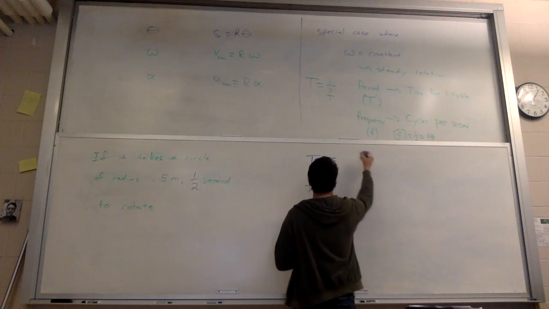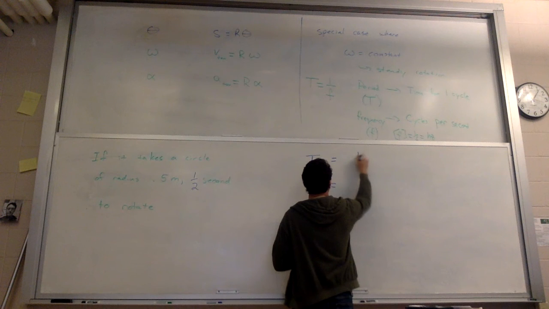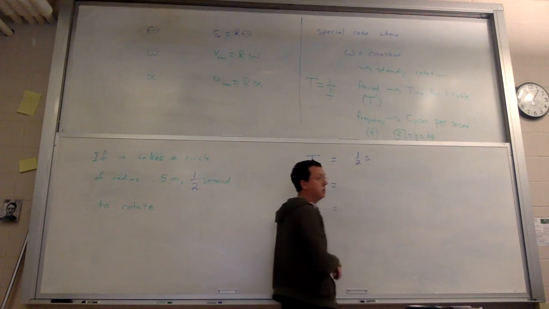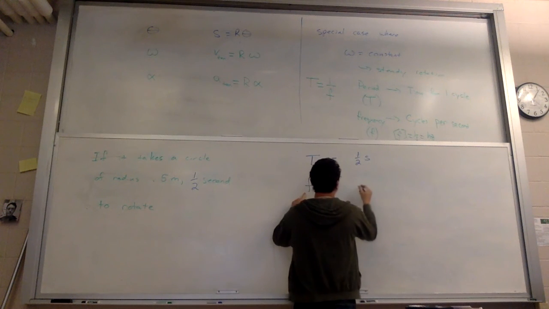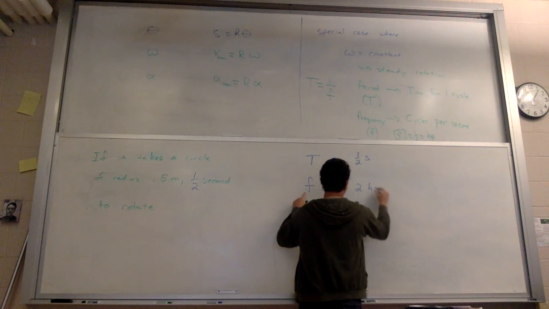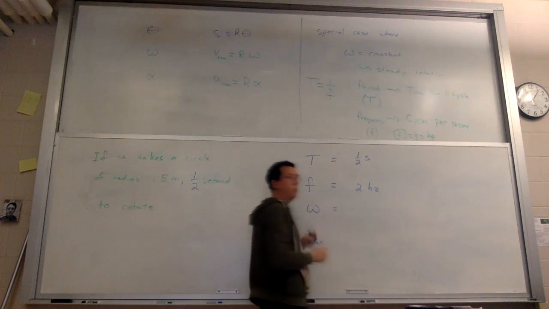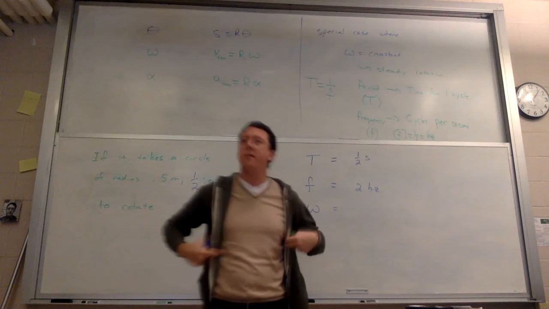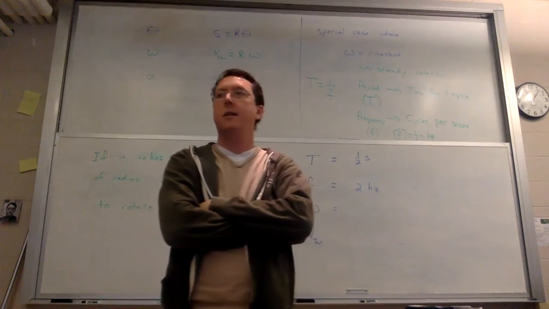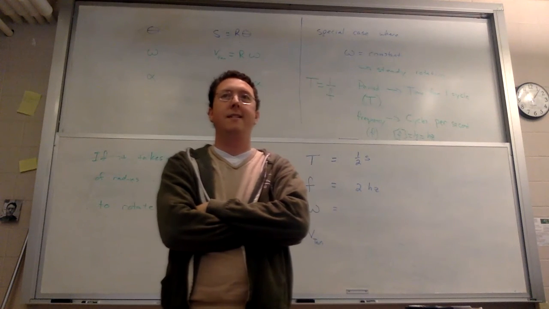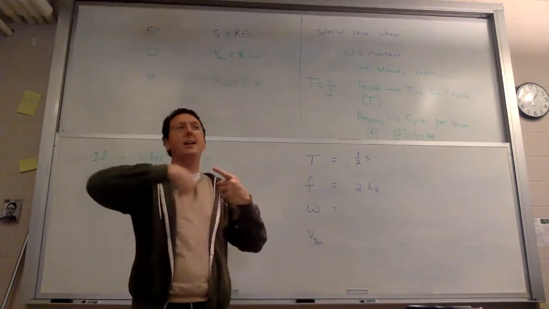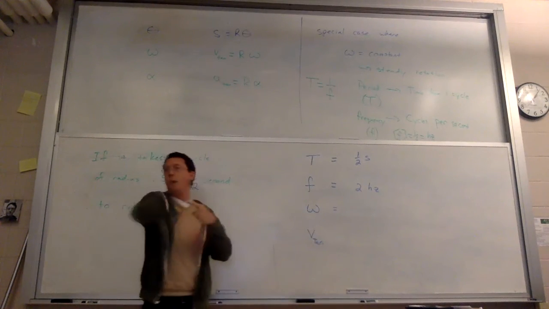What do we get for the period? Half. Frequency, 2 hertz. Omega, 4 pi radians per second. And how do you figure that out? You divide by 1/2 instead of 1, right? For each second, you're getting twice as many radians.